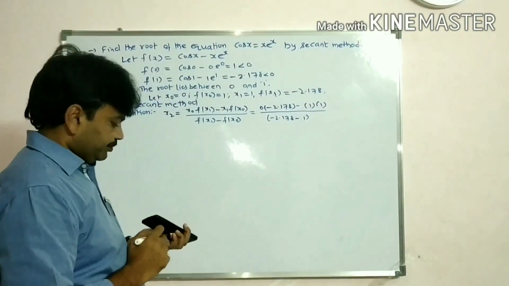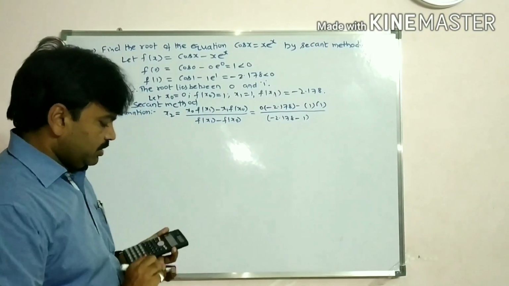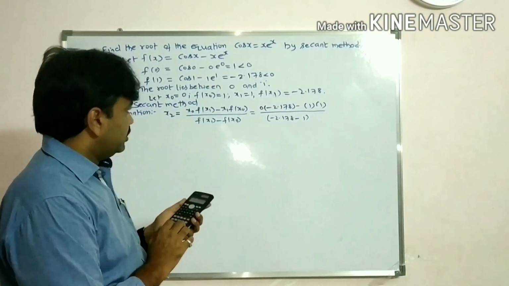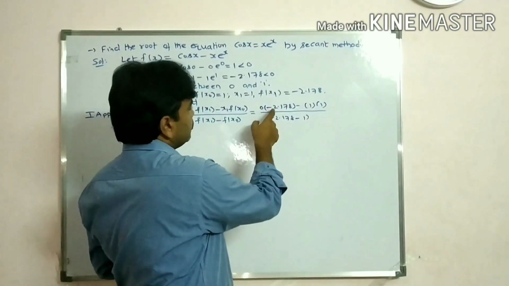So we already know, students, how to calculate. There is no need for a bracket, students, because 0 into something is 0.